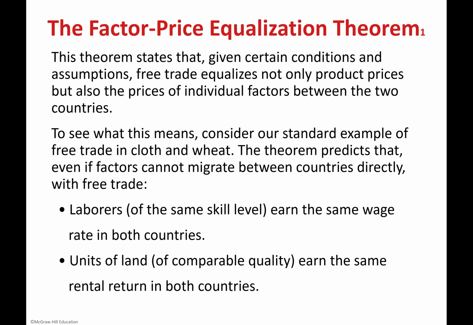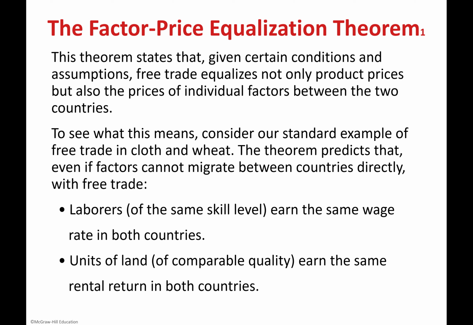Obviously, if there was free migration and there was nothing stopping anyone migrating anywhere, those wage rates in the labor market, for instance, should equalize. But in this case, we're not saying that anyone could migrate from the rest of the world to the US. That's not in our model. And yet, the prices are tending to equalize through trade.